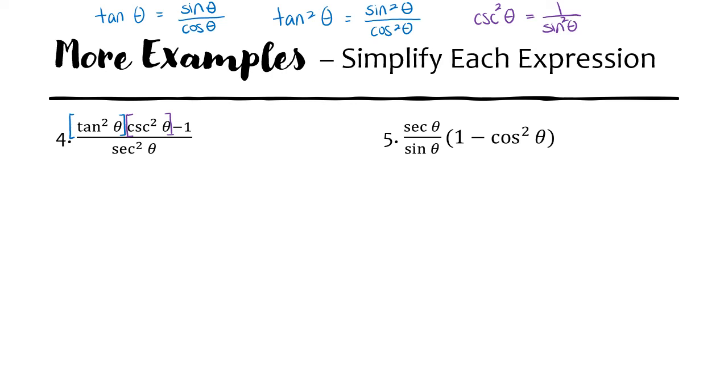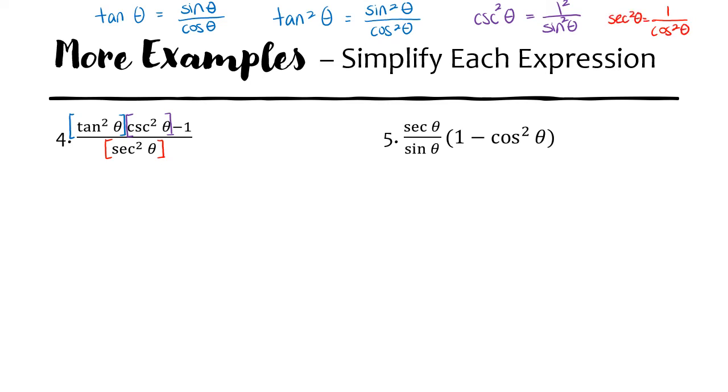It's really 1 squared over sine squared, but of course 1 squared is still just 1. So we don't necessarily bother writing that extra 1 squared. Same idea for secant squared. That's another reciprocal identity, and we're going to rewrite that as 1 over cosine squared.